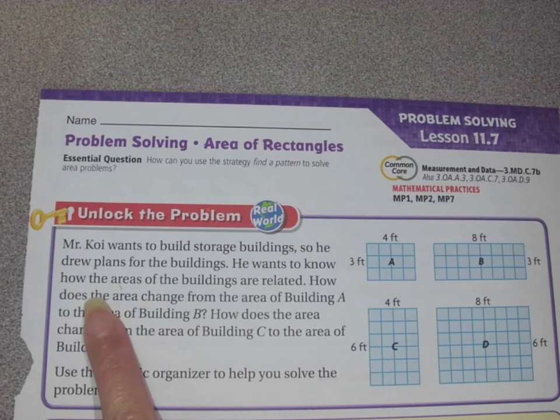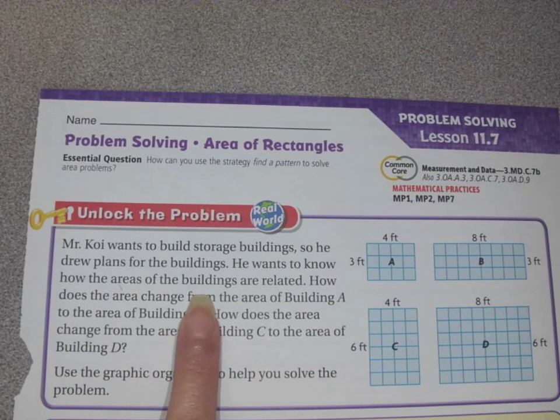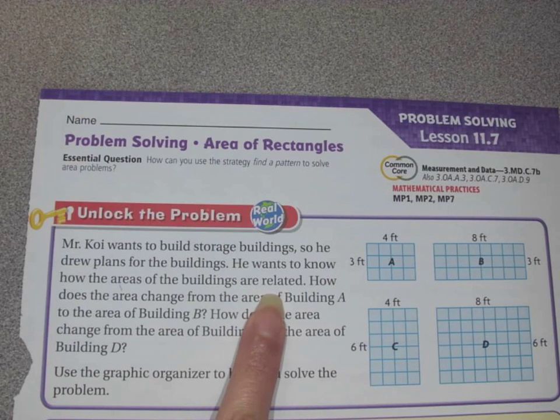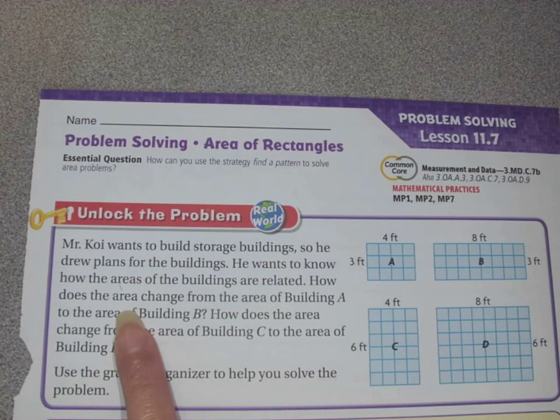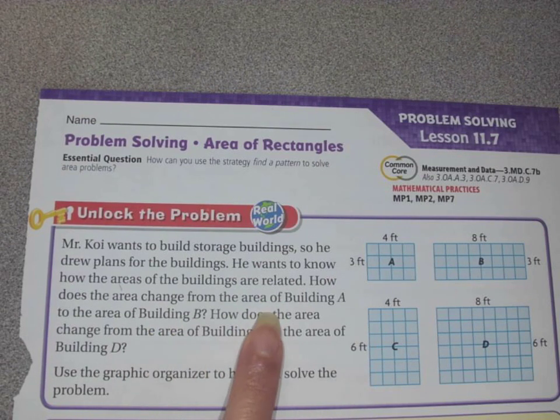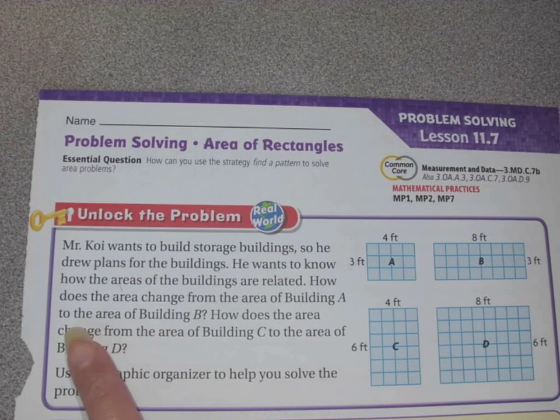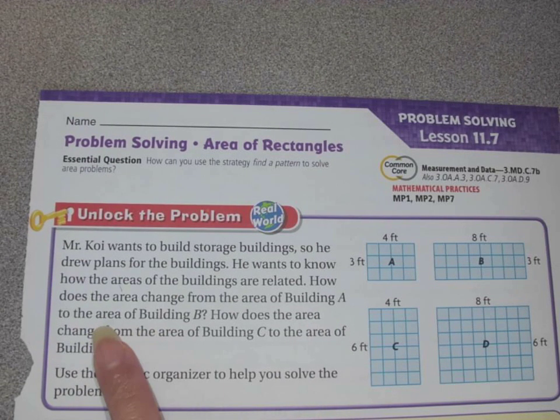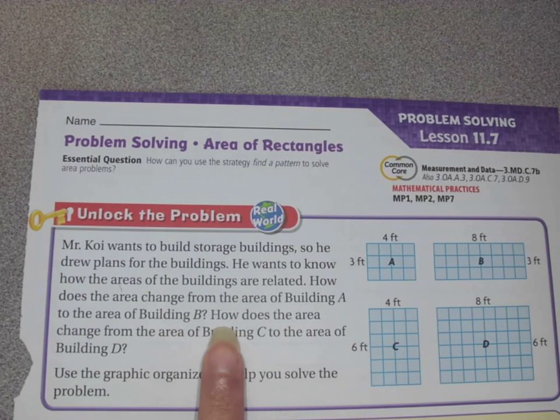He wants to know how the areas of the buildings are related. How does the area change from the area of building A to the area of building B? How does the area change from the area of building C to the area of building D?